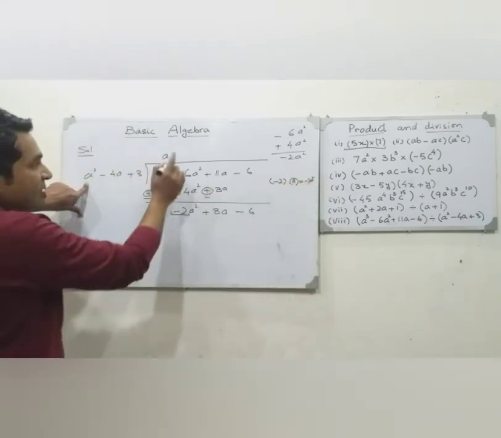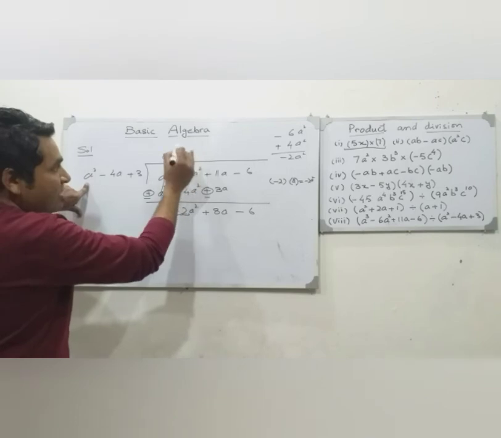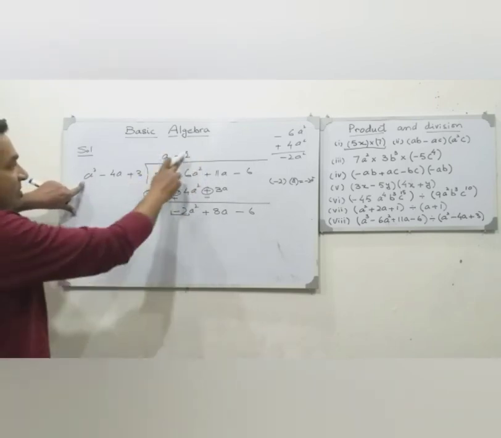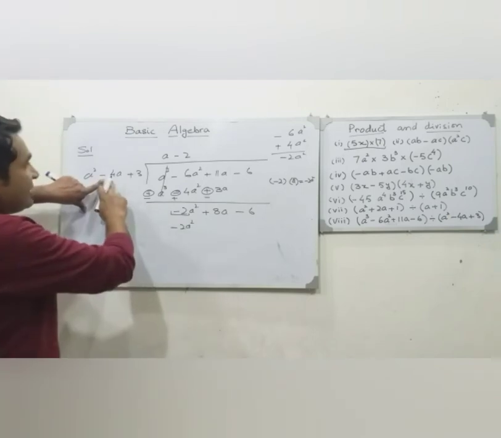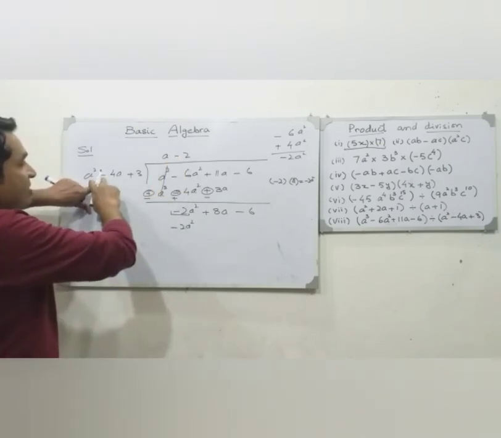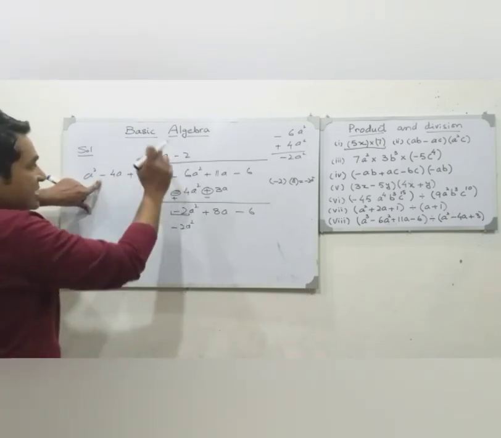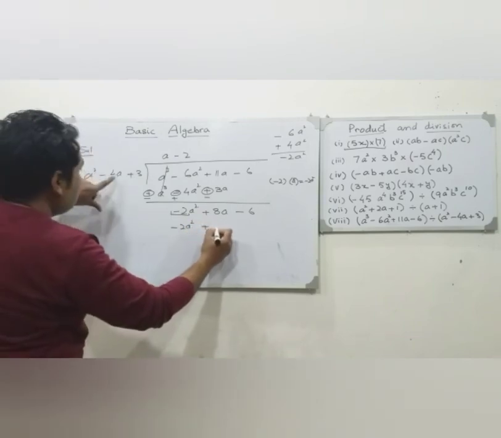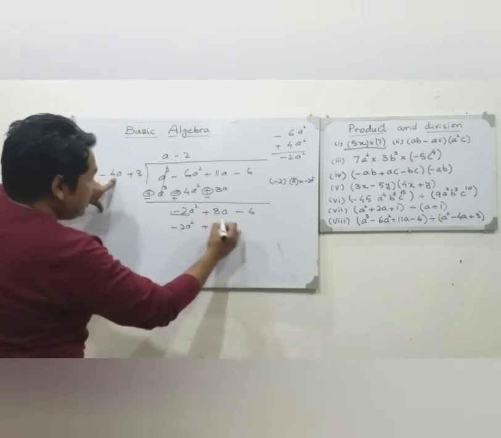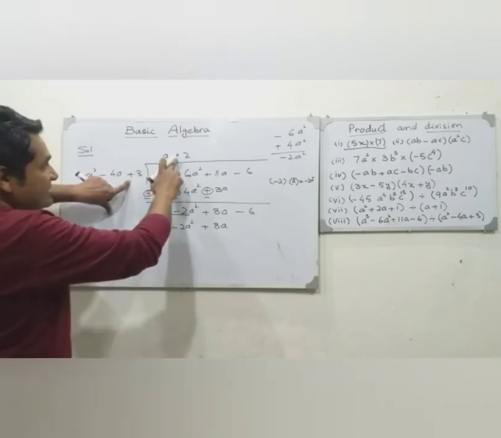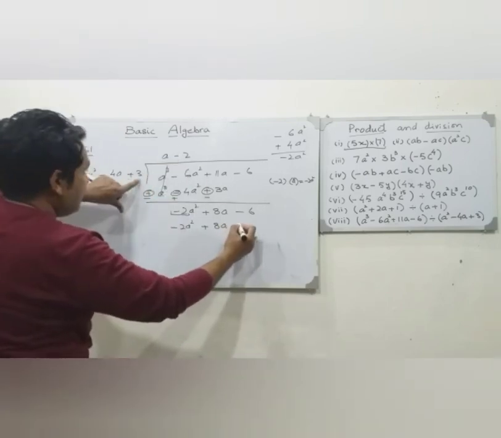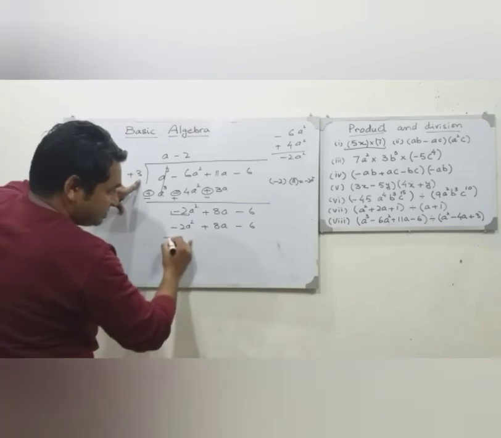So just simply we have to multiply by minus 2. When you multiply this by minus 2, you will get the same minus 2a squared. When you multiply this by this, its sign will multiply with it. It is negative, we will get positive. 4 2s are 8, 8a, and now the turn of this term will come. Positive times negative is negative, and 3 2s are 6.